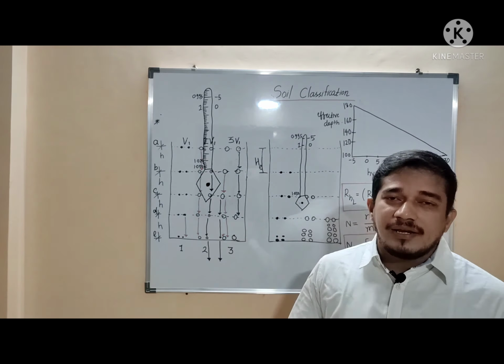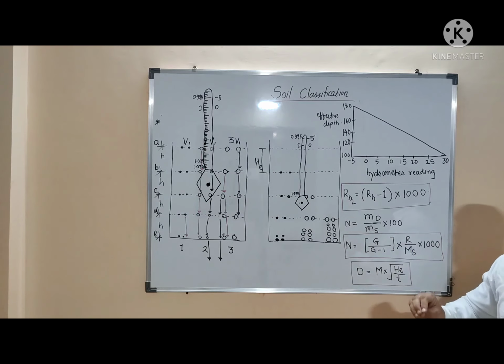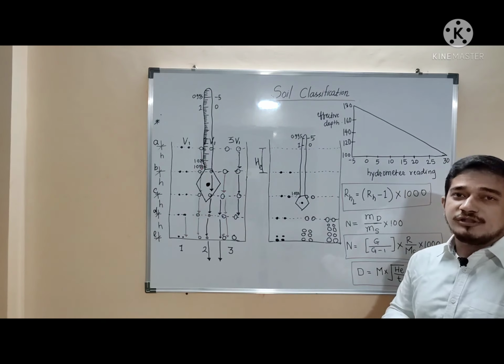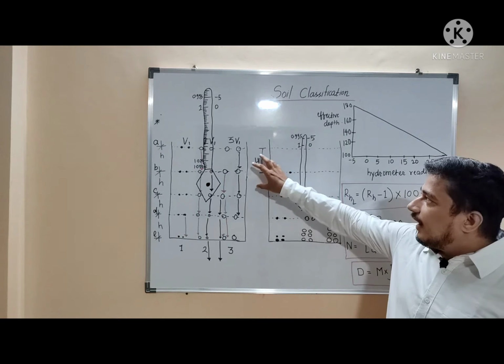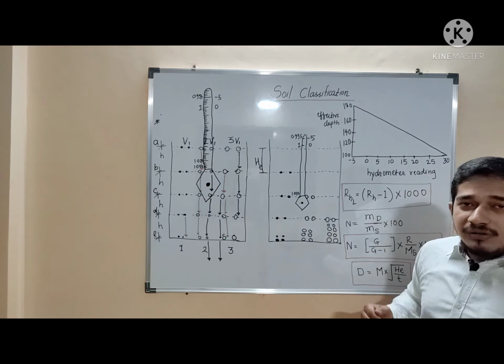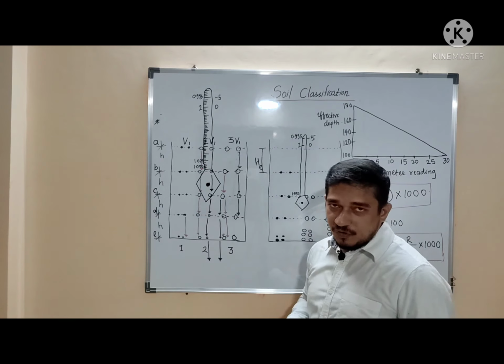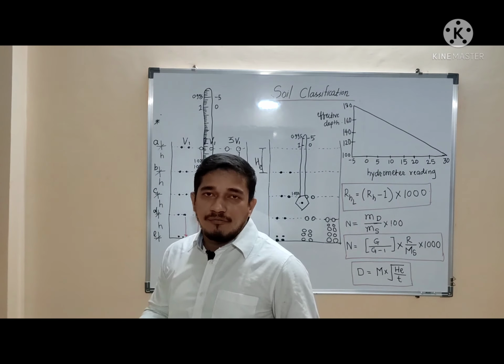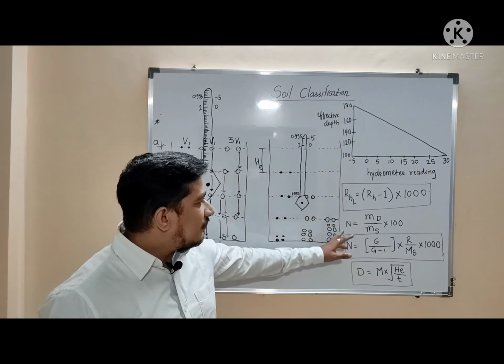But md is the mass of soil particles per ml of suspension which will be at height he after a certain time t. This cannot be determined directly, so we have to measure it in an indirect way to find the percentage finer. So we have a calibrated hydrometer to give the percentage finer directly.